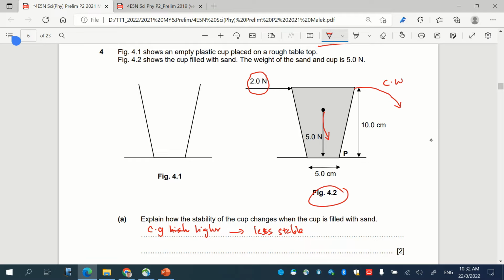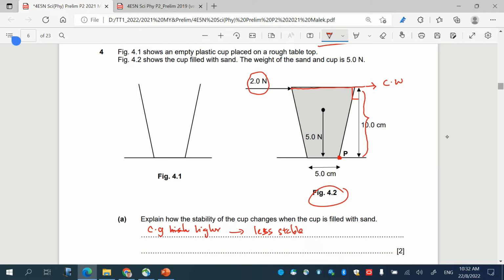One gives you the clockwise, one gives you the anti-clockwise. So let's look at clockwise first. The clockwise has a force that goes this way, 2 Newton, and the perpendicular distance to the pivot point is 10 cm.